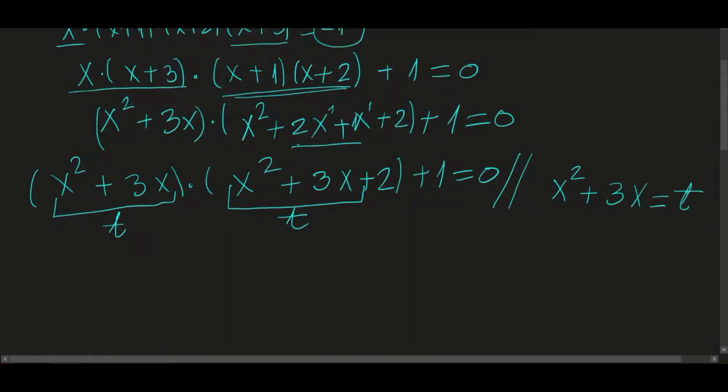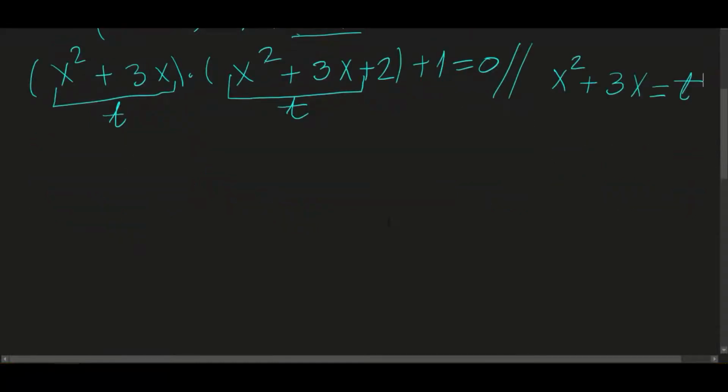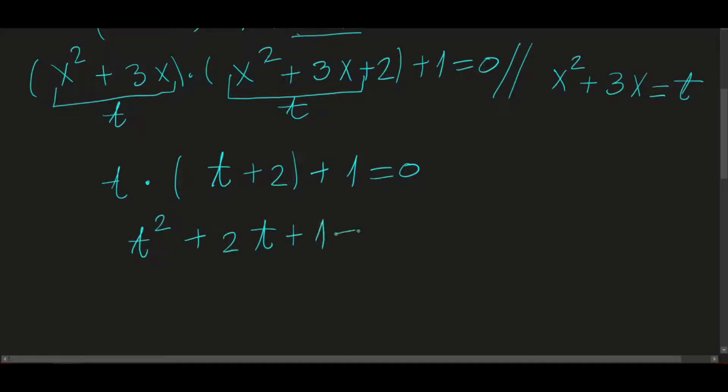Now we can substitute, and what we will have is t multiplied by t plus 2, plus 1, that is equal to 0. Now when we multiply, t multiplied by t is t squared, plus 2t plus 1, that is equal to 0.